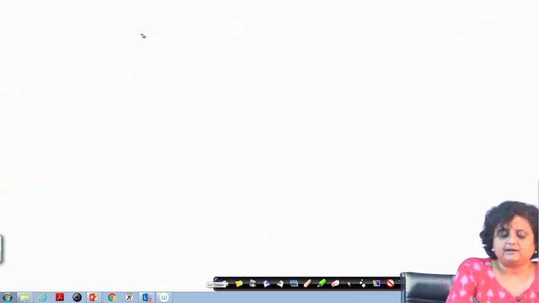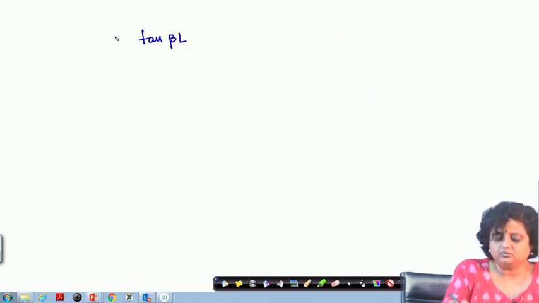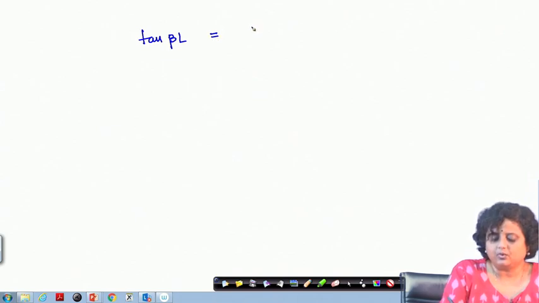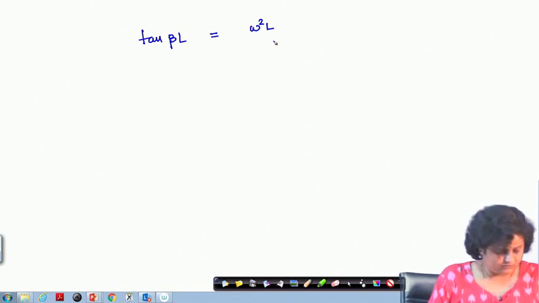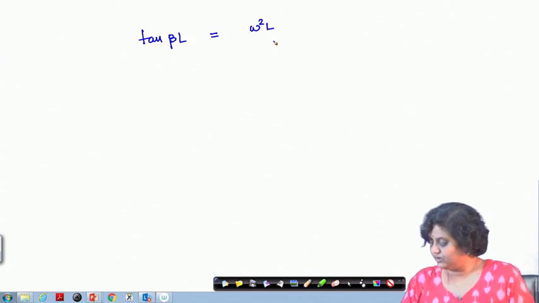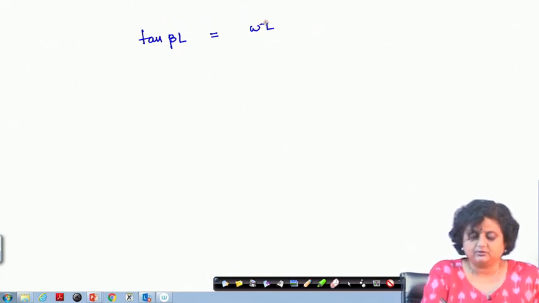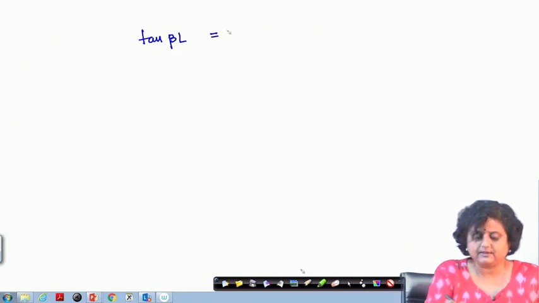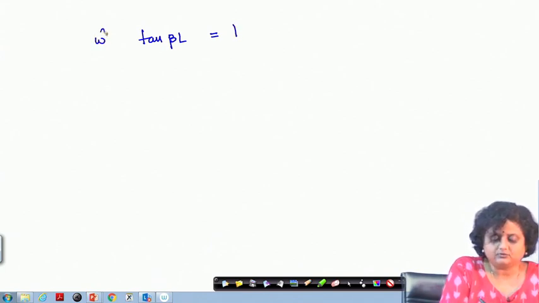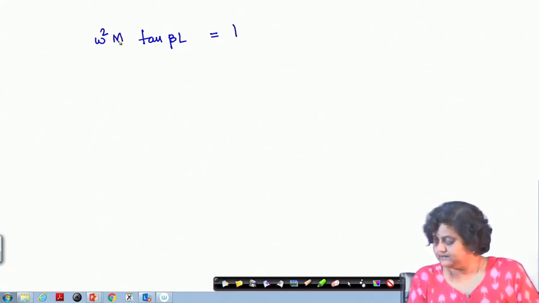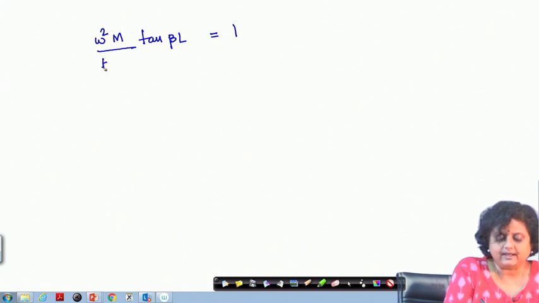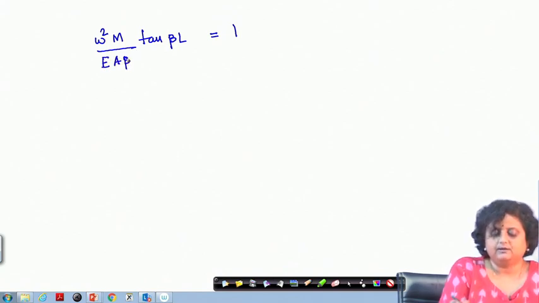So, this can actually be written as tan beta L into omega square capital M by E a into beta equals to 1.